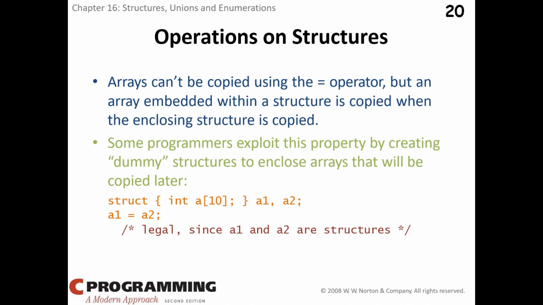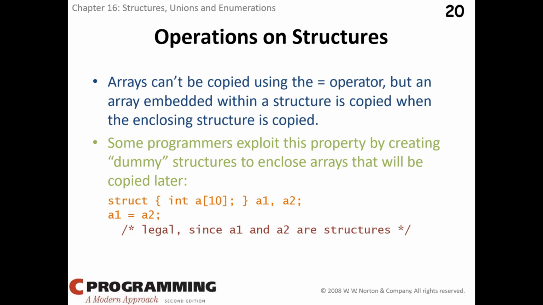Now in C, arrays cannot be copied directly using the assignment operator. However, an array embedded within a structure is copied when the enclosing structure is copied. And this property can be useful in certain situations.